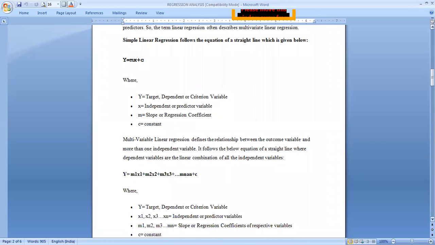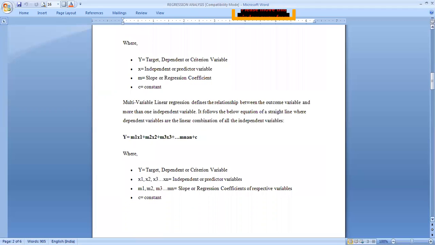So y is equal to m1x1 plus m2x2 plus m3x3 and so on till mnxn plus c is the equation, where y is equal to target or the dependent or the criterion variable, while x1, x2, x3 and till xn are the independent or the predictor variables. So m1, m2, m3 and till mn show the slope or the regression coefficients of the respective variables and c shows the constant.